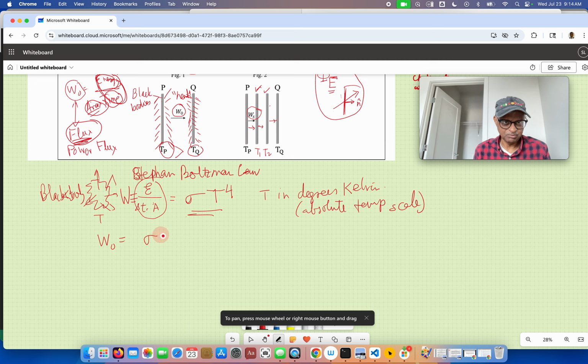So this is sigma Tp to the power 4 minus sigma Tq to the power 4. So this is one equation.